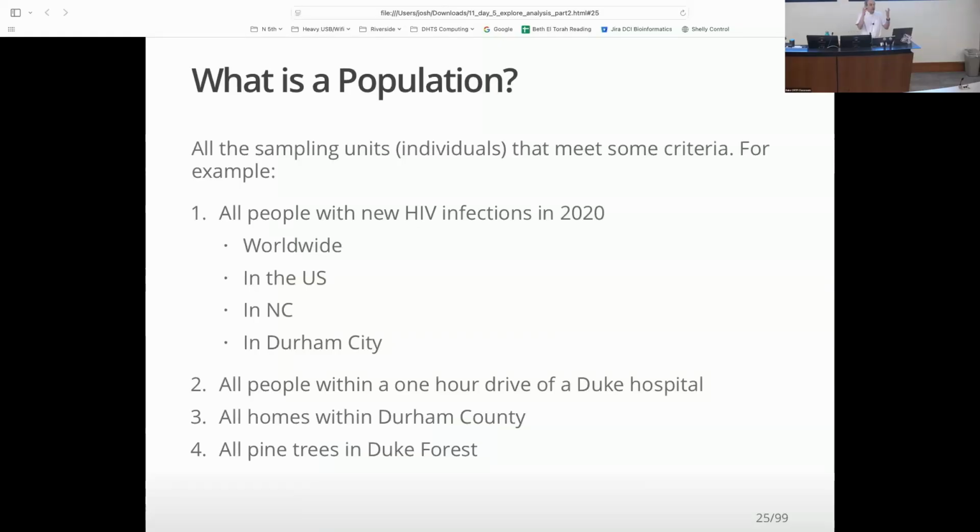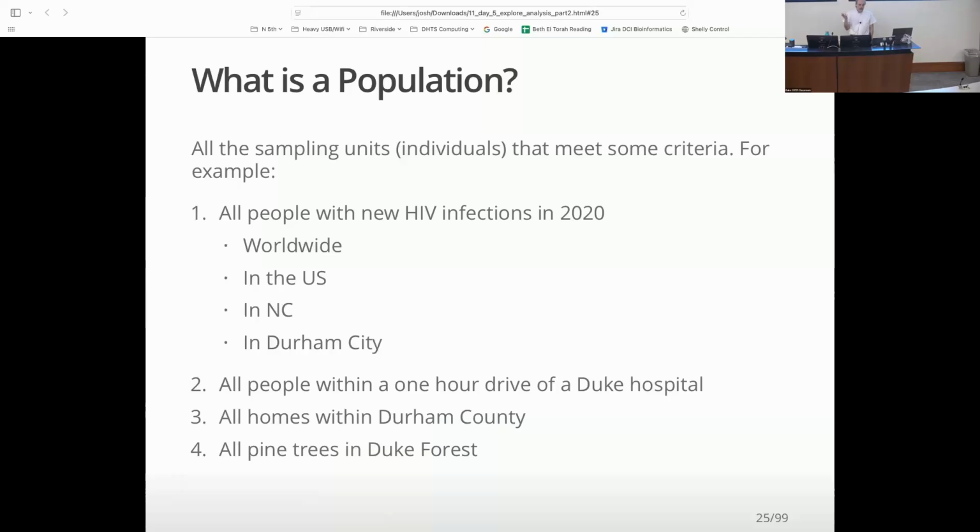Whatever it is, the unit at which you're measuring things. So here are examples of different populations. Population here is a technical term, so it has a slightly different meaning than how we use it in everyday speech.